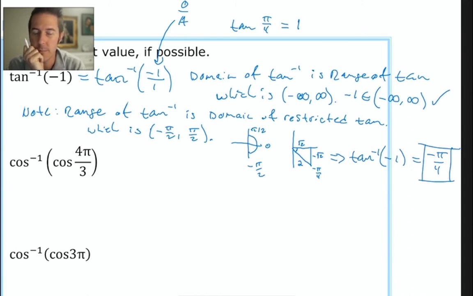Just sit with that for a minute. Go back through this process. Now again, I made this a very labor-intensive process, but it works. I wrote down all the thought process and investigation, or at least a lot of it. I made sure that the -1 going into the inverse tangent function was even a possibility, and I confirmed that -1 is in the domain of the inverse tangent function.